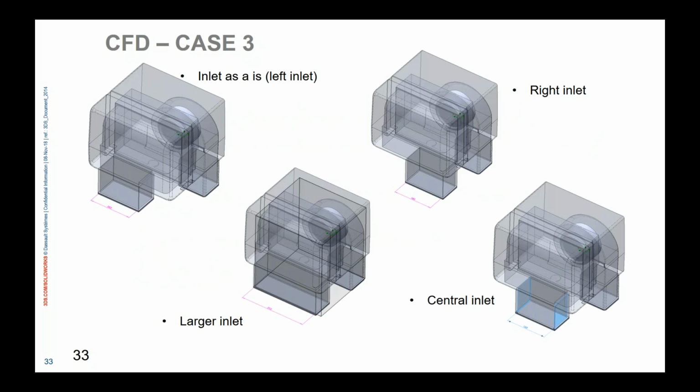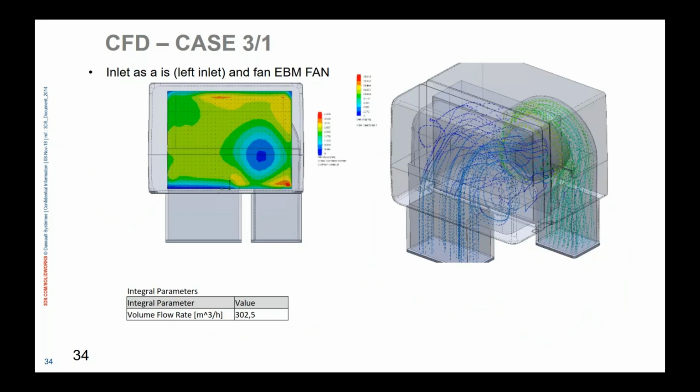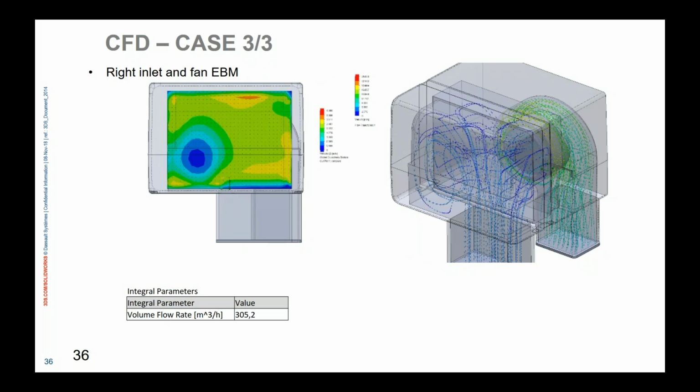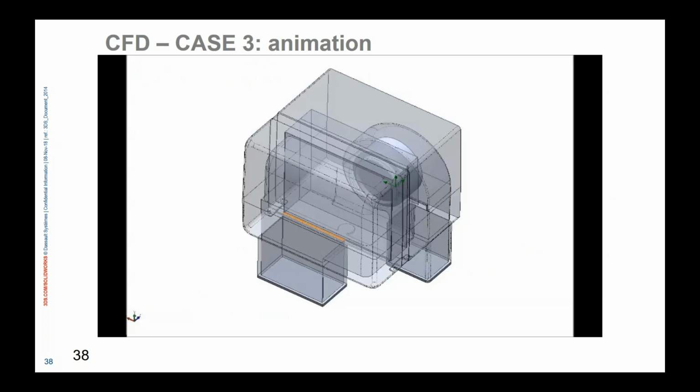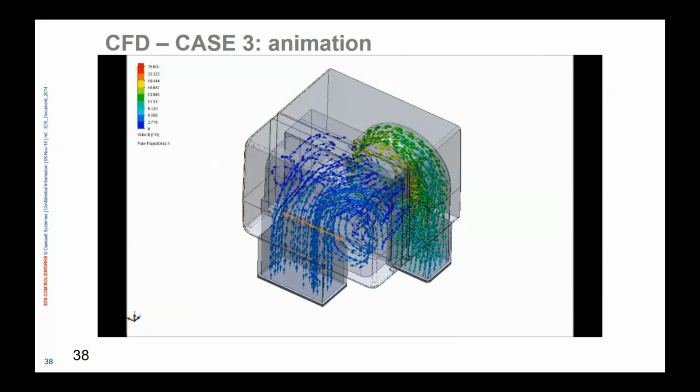So they explore the inlet as is, the left inlet, a larger inlet, central inlet, and the right inlet. And this is the slideshow directly from Dometic. Basically, they reported all the cut plots and flow trajectories and the values, and they discovered a very interesting thing, because in the end, this is the last case.